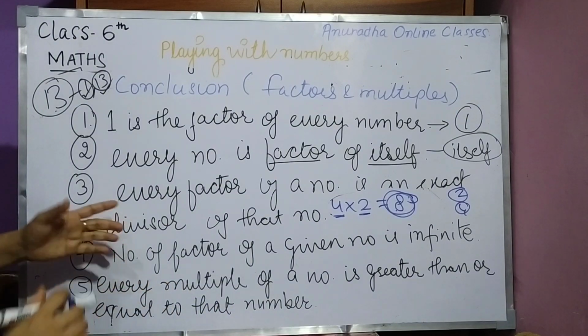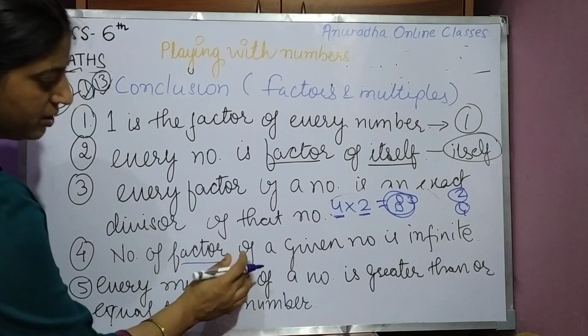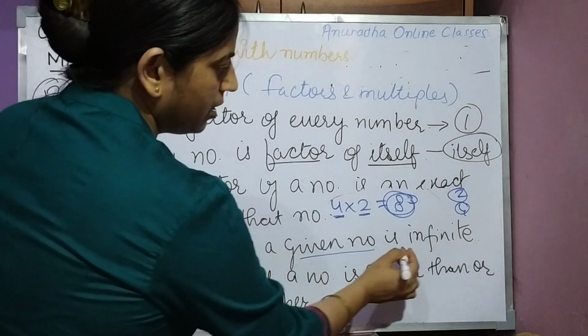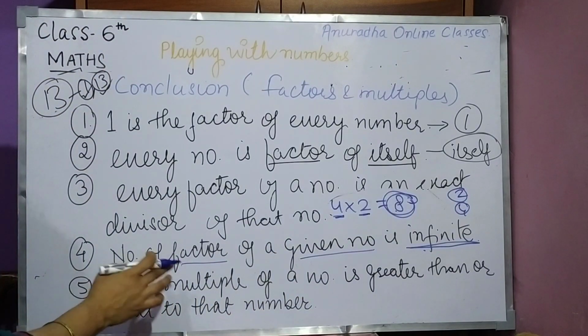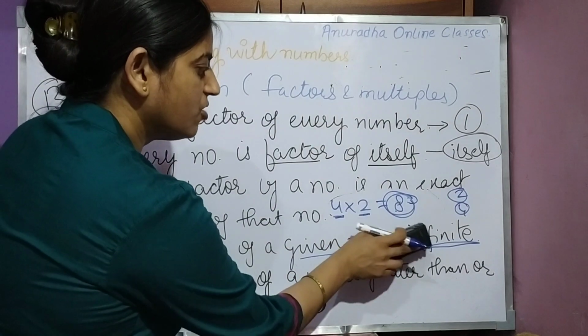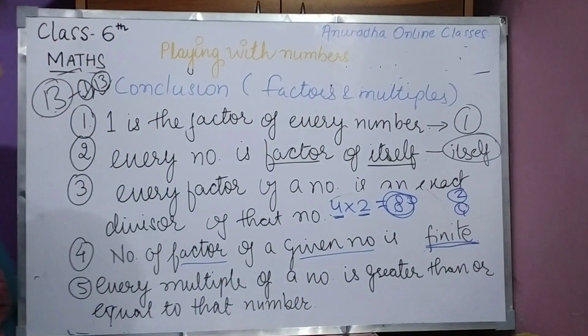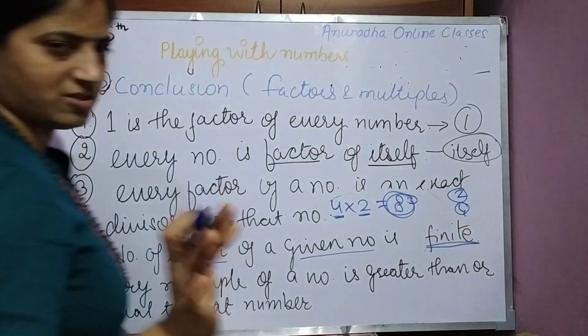So fourth is what? Number of factors. Number of factors of a given number is finite.